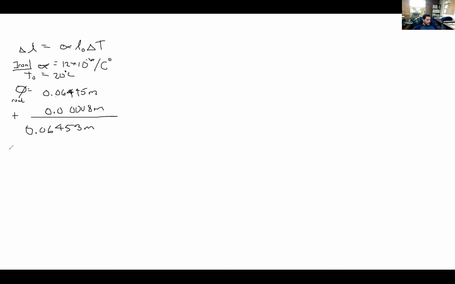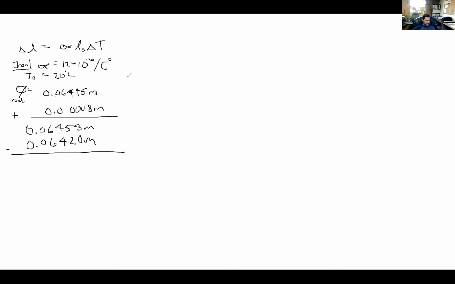But our original ring is 0.06. So I'm doing the conversion right away from centimeters to meters. You can do the calculations in centimeters and then convert it to meters once you plug back into this equation and do it once.